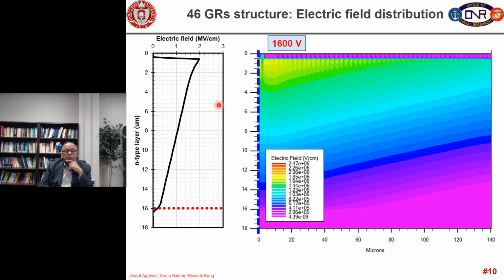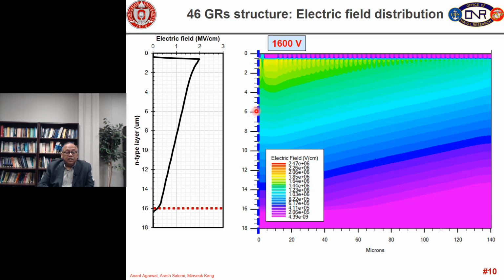So, here is the simulation where we are plotting electric field contours at 1600 volts for the 46 guard ring case, and electric field is plotted along this blue line through the diode in the active region. So, this is the active region of the diode, this is the JBS gap, here is the big P plus band, and then the guard rings start right here, and there are 46 guard rings.